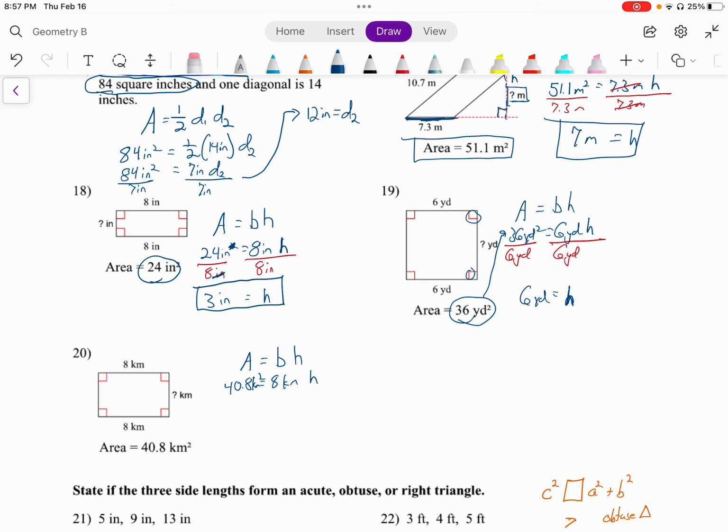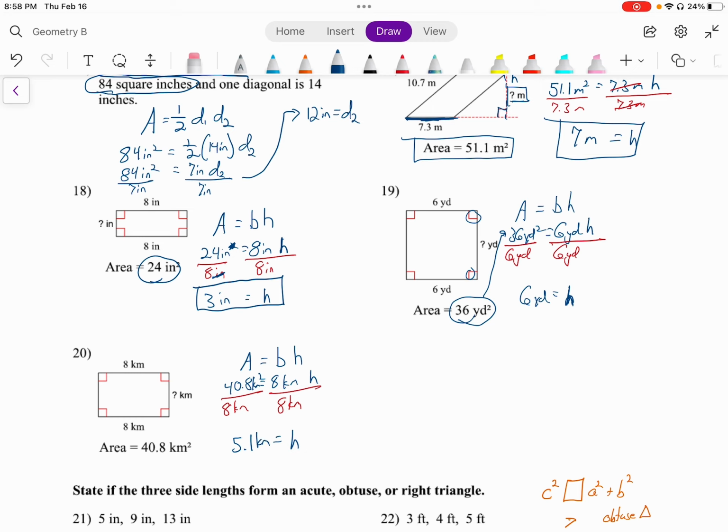We want to find the height. Divide both sides by 8 kilometers. Sorry about that. You do that division and you get 5.1. So you can probably figure that one out in your head, but if not, you can definitely use a calculator. 5.1 kilometers.